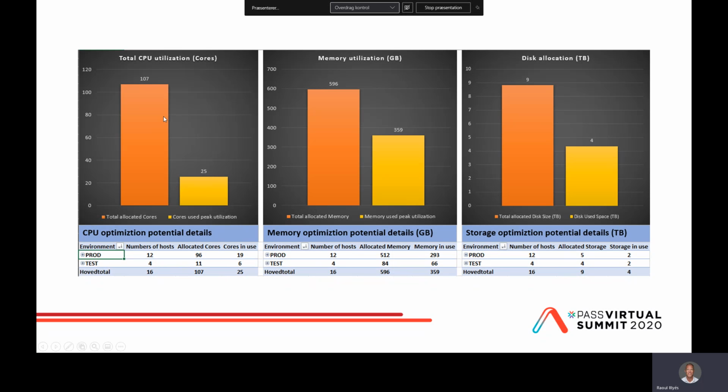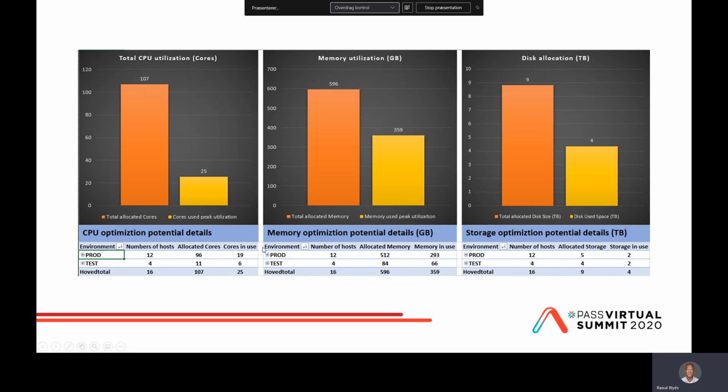With this picture, you can see that the total allocated cores for this specific scenario is 107. Once we apply the utilization data that we collected for this environment, we can see that even when we look at the peak utilization, the highest numbers, only 25 out of those 107 cores were used in total.